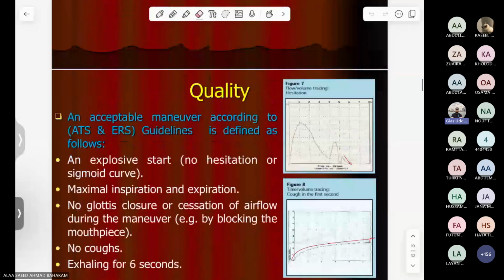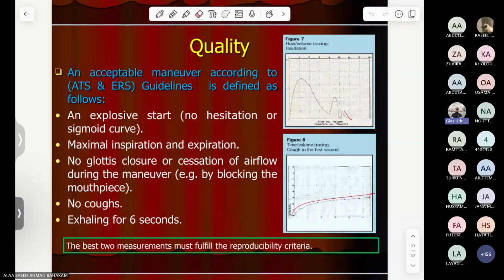Okay, next one. Here on the right side, you see there are two graphs. It is showing the tracing of the flow volume. On the top graph, you see there are two bumps. And in the bottom graph, you see a gradually going up straight line.